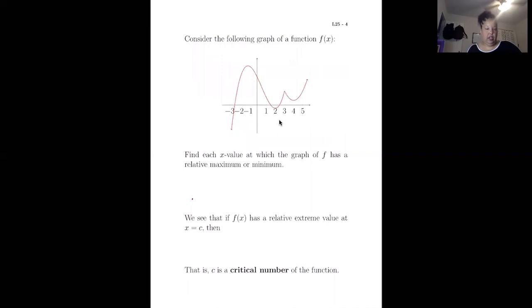All right, so let's take a look at an example. If I'm looking at this graph, I want to find the relative maximums: around that point, everything on the graph is smaller. So I would say that this is a relative max and this is a relative max. Now for minimums, I want everything around it to be greater.